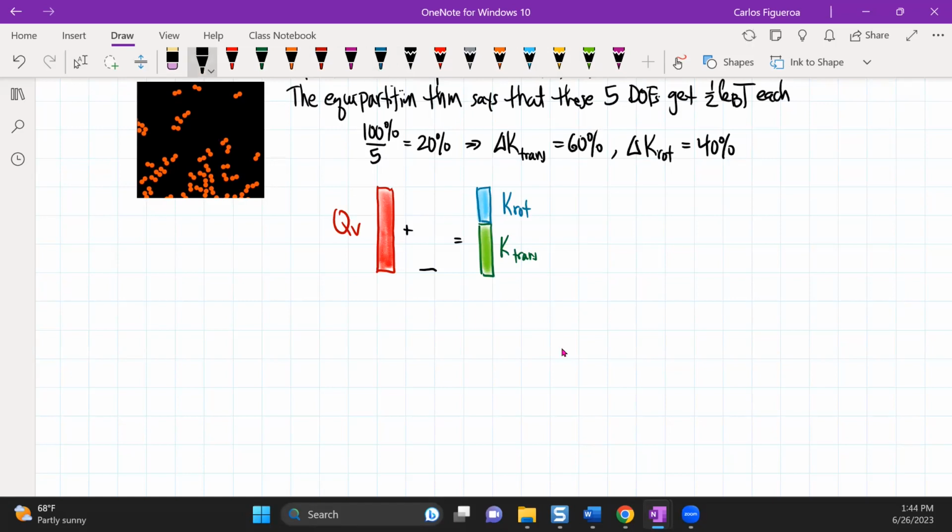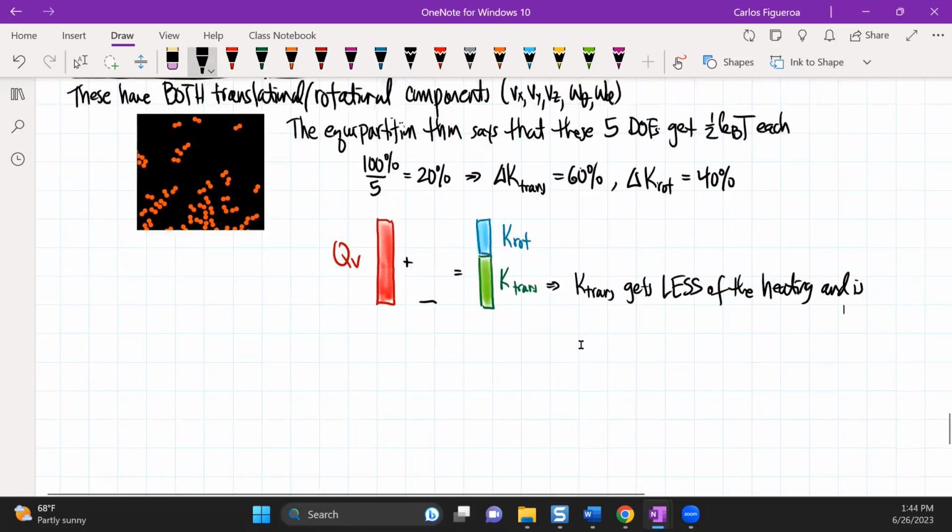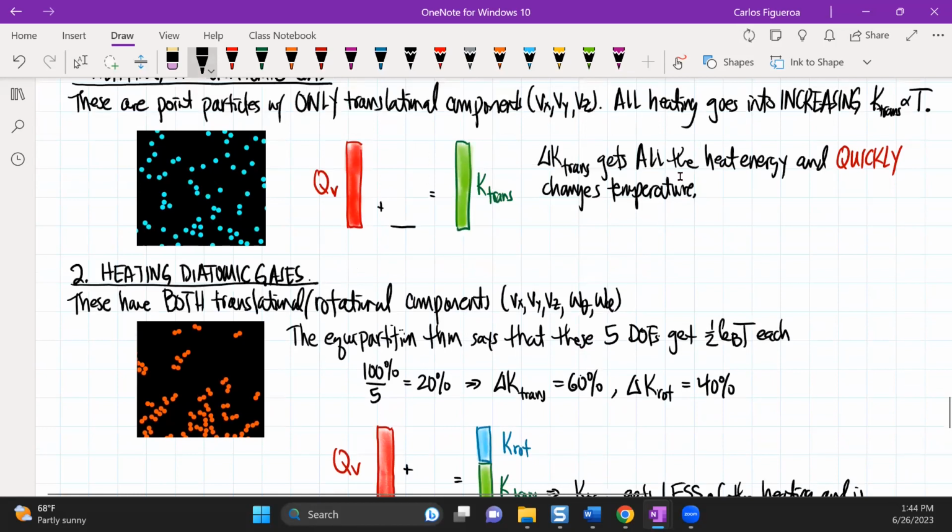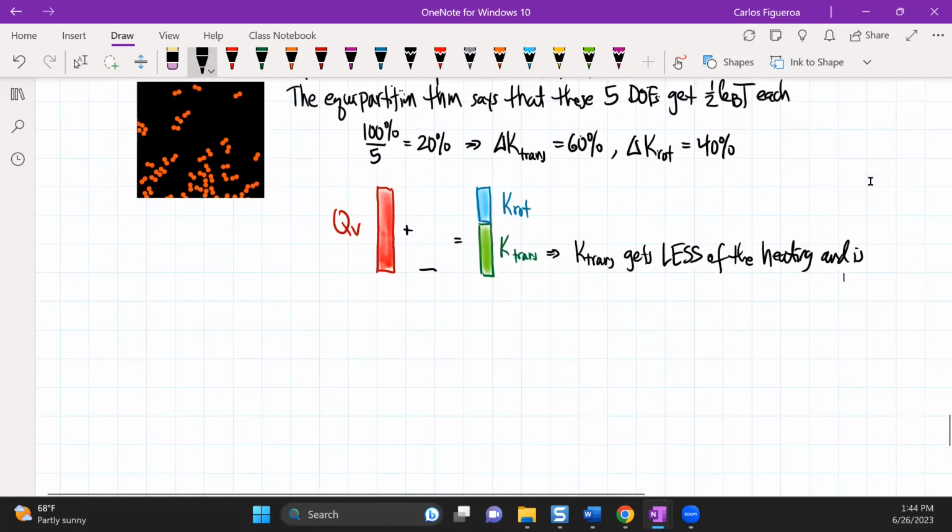Key point. K translational gets less of the heating, and look what happens up here with the monatomic. It gets less of the heating, and what happens?